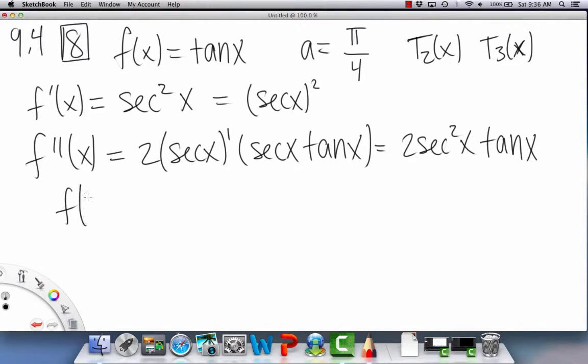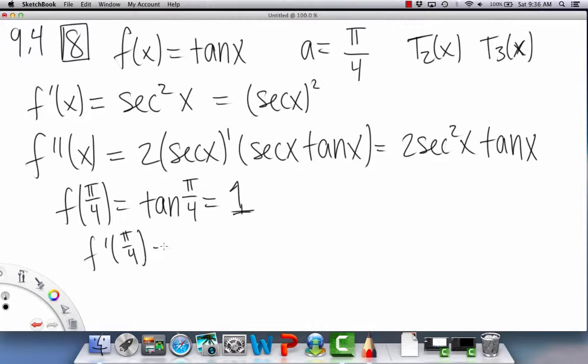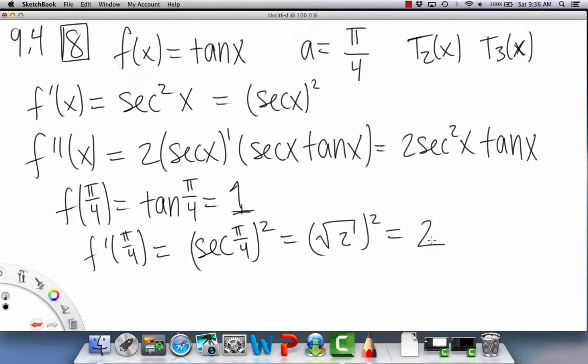So f of pi over 4 equals tangent at pi over 4, which is just going to be 1. Then f prime of pi over 4 is secant pi over 4 squared, which is square root of 2 squared, which is equal to 2.